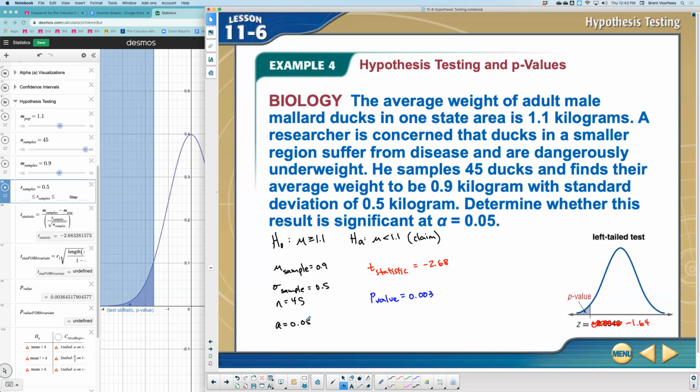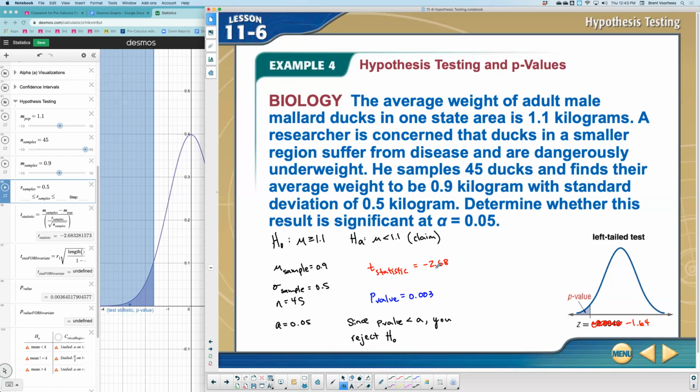But because this number is smaller than that 0.05, since the p-value is less than alpha, you reject the null. I'm just going to put H0 this time because I'm using all the other symbols.